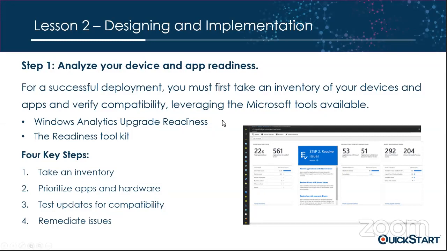So the number one key tool is Windows Analytics Upgrade Readiness. It is actually a powerful inventory tool that uses an agentless process. It will get you the computers, applications, add-ins, Office add-ins, all the desktop state that is running in your environment.